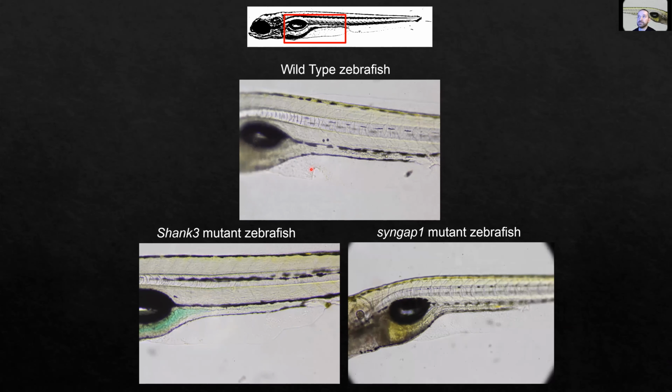And what we found was differences in both SHANK3 and SYNGAP1 mutants as compared to wild-type zebrafish, but for different reasons. So you can see in the SHANK3 mutant, the rate and the strength of these peristaltic contractions is reduced as compared to the wild-type. But the SYNGAP fish has a more regular rate of peristalsis, but the strength of the peristalsis itself is actually reduced.